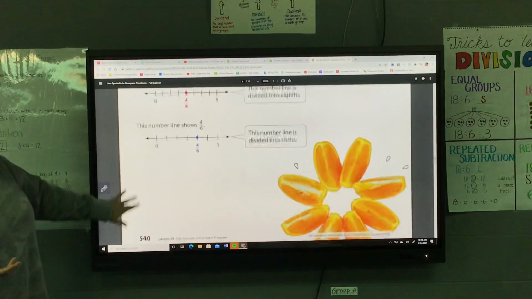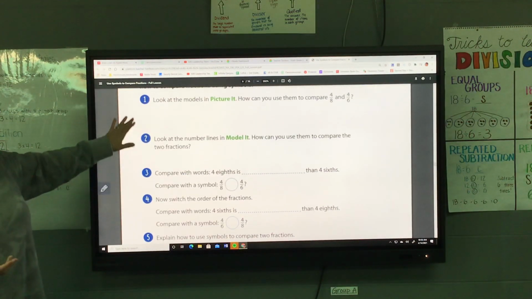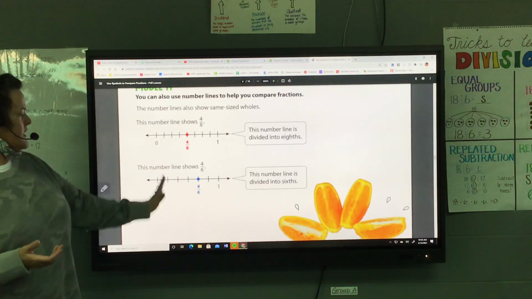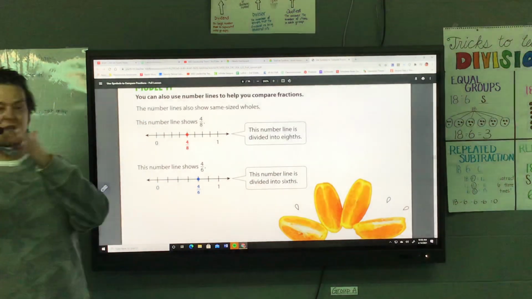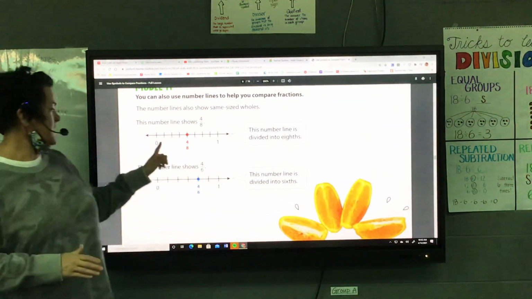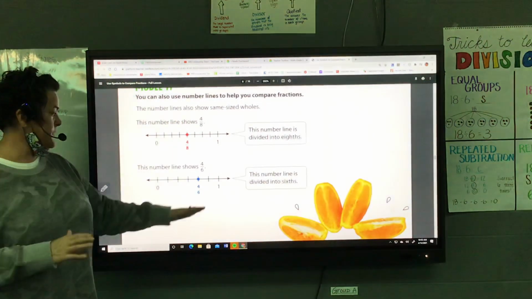All right, we're not going to write things down for that. Okay. We would do the same thing for the number lines then, friends. We have to look to make sure that the number lines are split up into those equal parts. Okay, so we have 1 whole on each of them.